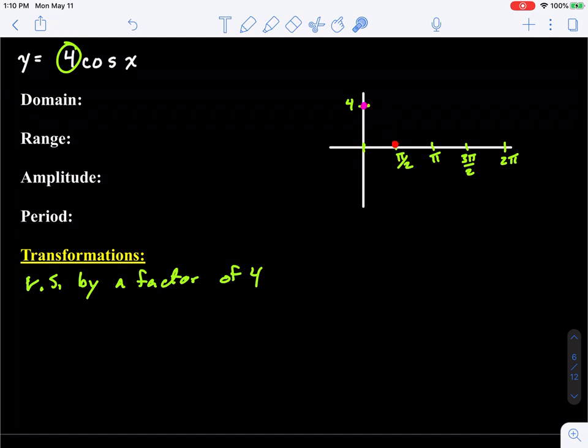And then it's going to come down to the central axis for the next value. So the next value is going to be at pi over 2, comma 0. Now another way you can figure that out is the cosine of pi over 2 is 0, and then 4 times 0 gives you 0. And then you're going to go to the low point, which is going to be at negative 4.